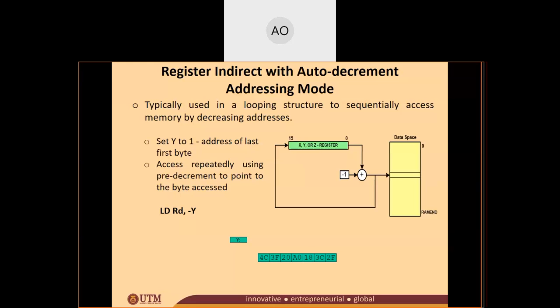Compared to post increment, you load or store the data to the memory address first, and then after that you increase your pointer register value.